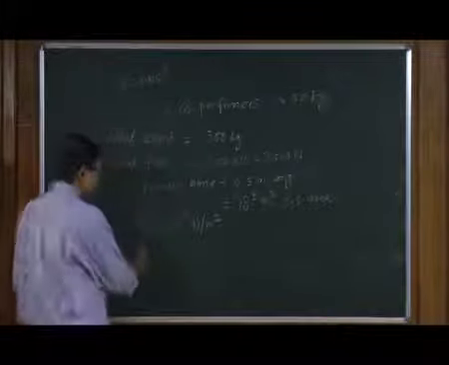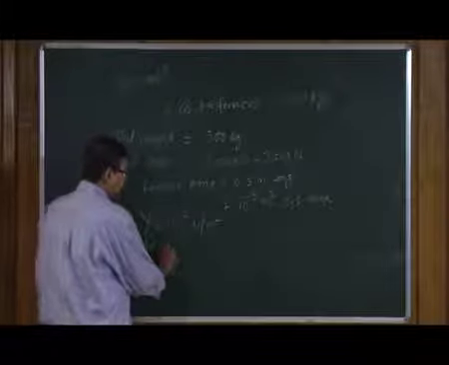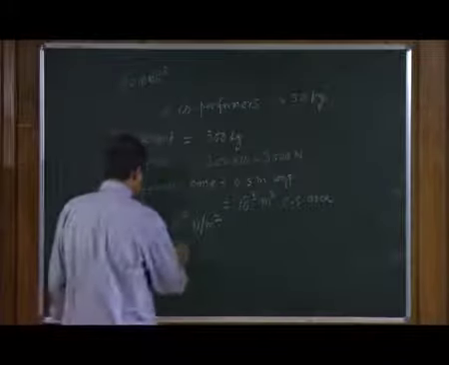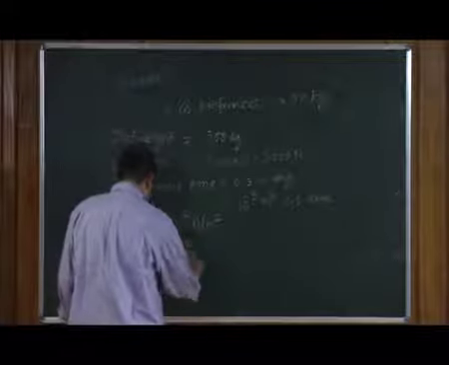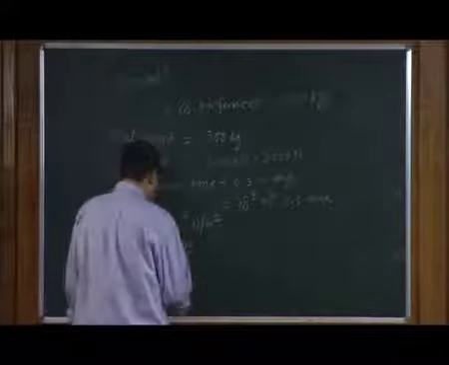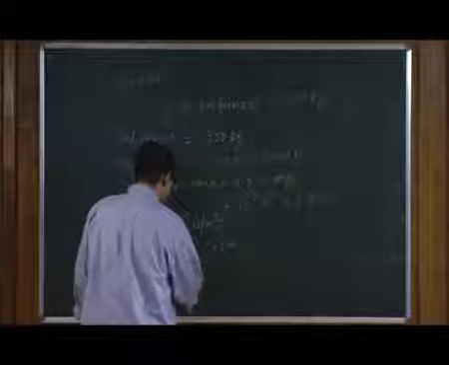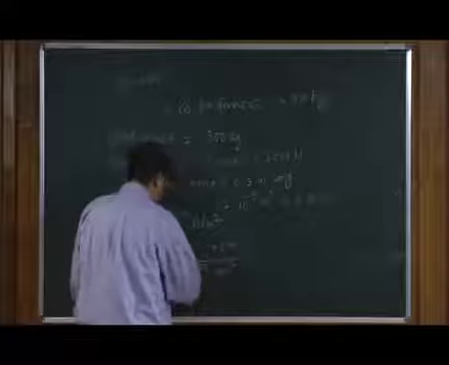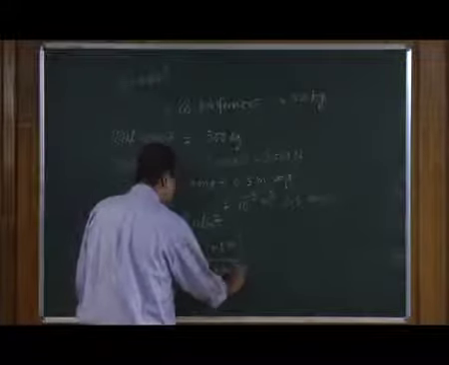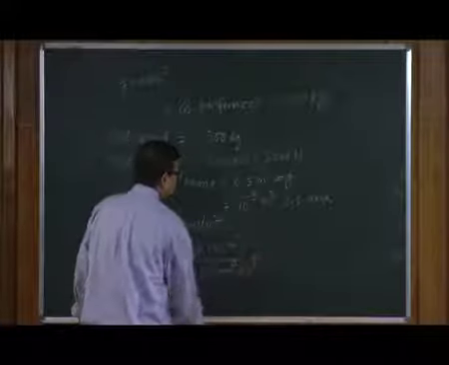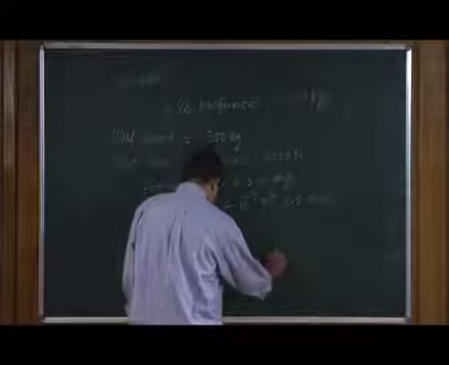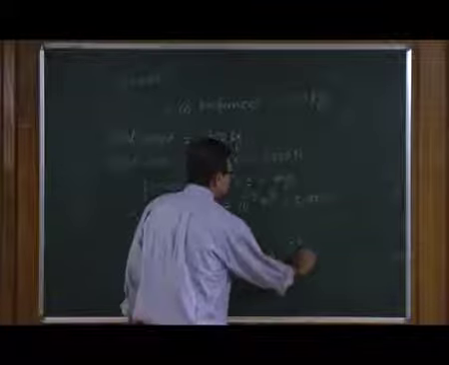Because he has 2 legs, the extension is 3000 divided by 2, into 0.5 meters, divided by 10 to the power 10 Newton per meter square and 10 to the power minus 3 meter square, which gives approximately 10 to the power minus 6 meter.